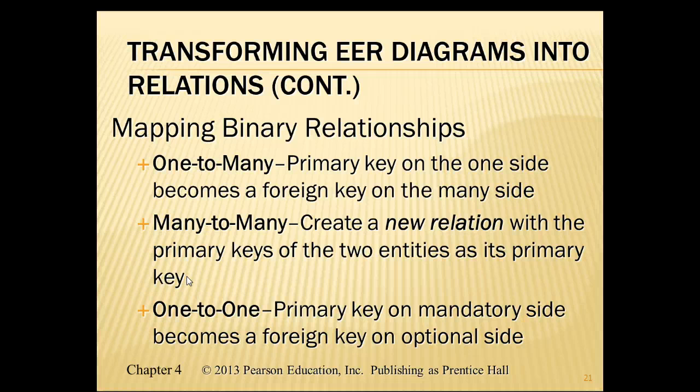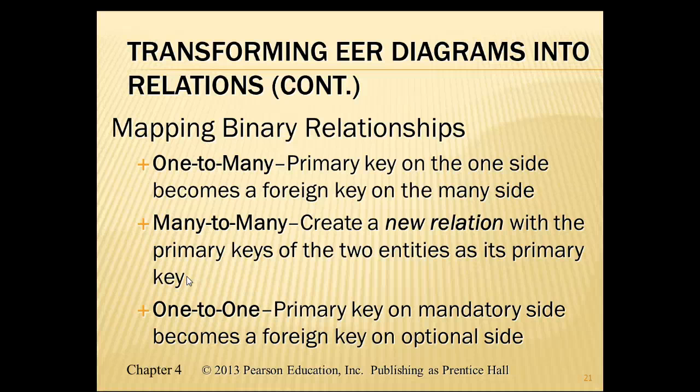These are some pretty important steps in mapping our binary relationships. Notice that in a one-to-many relationship, the primary key on the one side becomes the foreign key on the many side. So remember that, because that's going to be very important when we start doing our conversion from the data models that we had in the previous chapters to the relations that we have now.